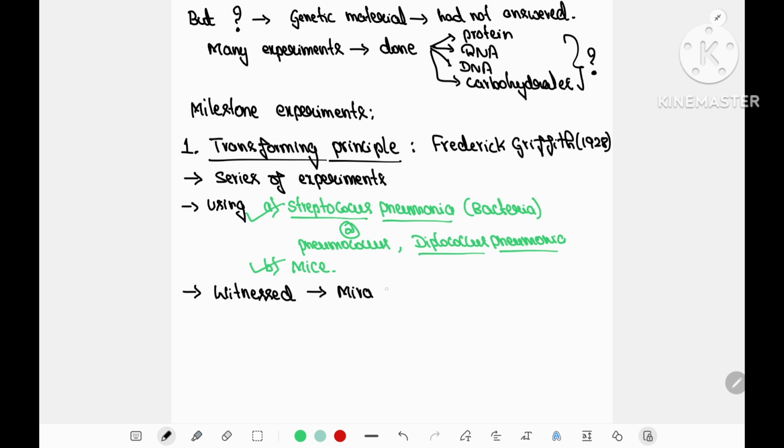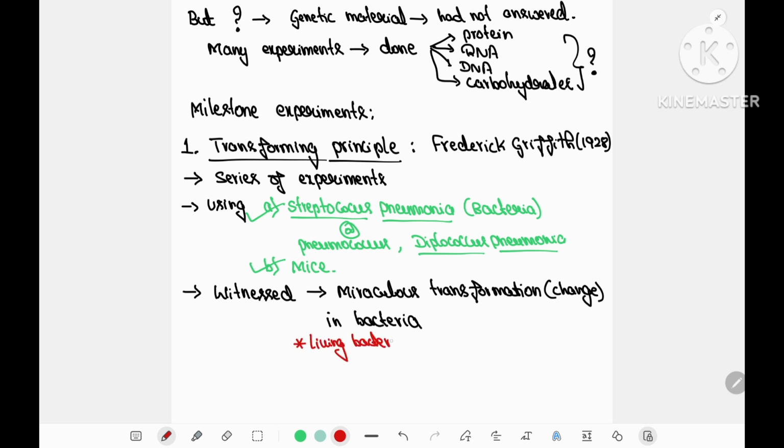While doing experiments using Streptococcus pneumoniae and mice, he witnessed a miraculous transformation in bacterial cells. Transformation means change. It was actually a physical change.